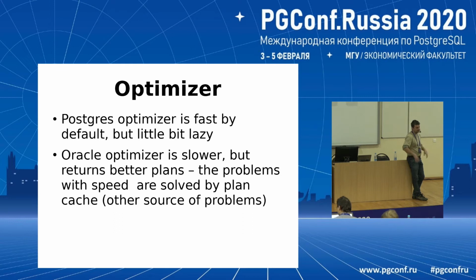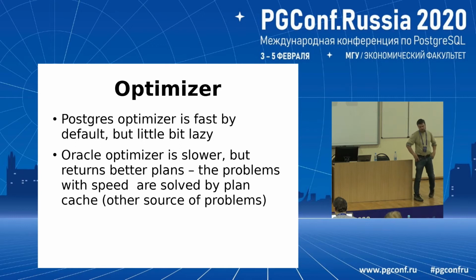And if your query is really complex, if your query has more than 8 joins and 8 subqueries, then Postgres doesn't search for the real optimal plan. It returns something like an optimal plan, but it might not be the optimal plan. You can change this behavior by configuration.